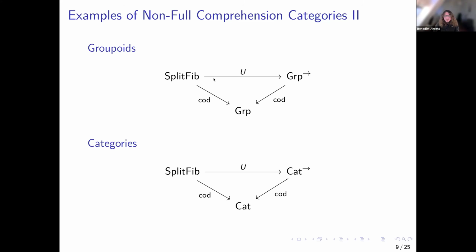And then we have a forgetful functor down to the arrow category on groupoids. It's not important here that we work with groupoids. The same works with categories. It's essentially the same example, groupoids and categories.